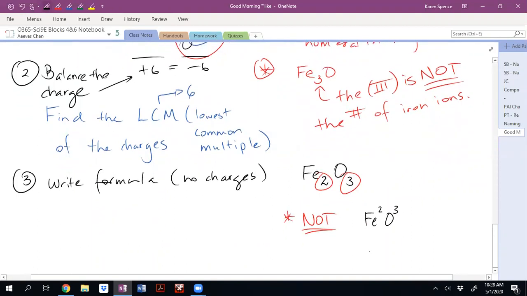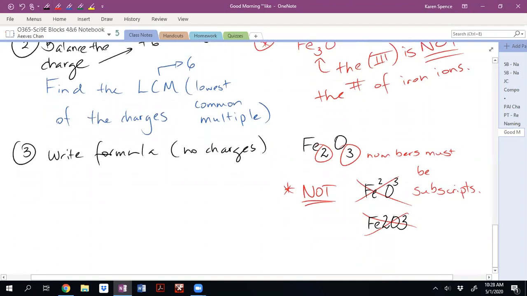You're not going to write it as Fe2O3 with big numbers, okay? The numbers have to be subscripts.